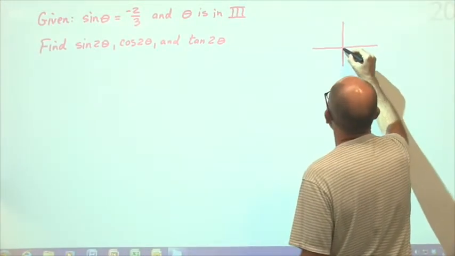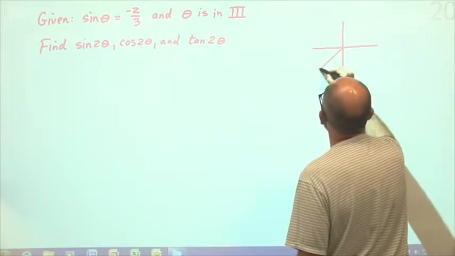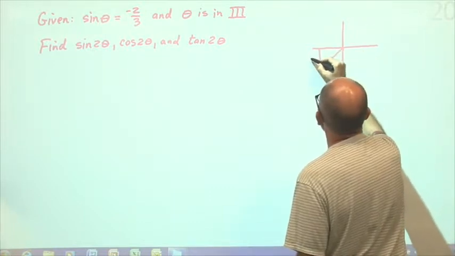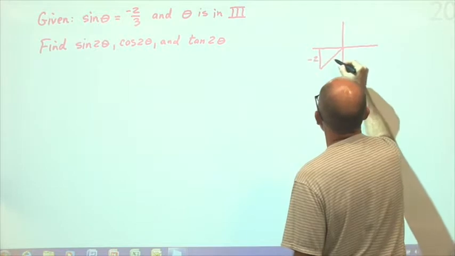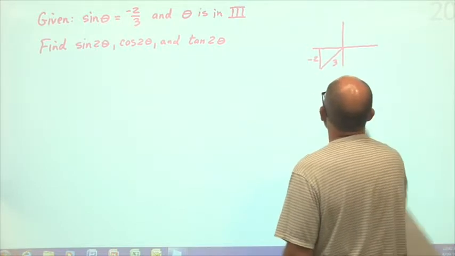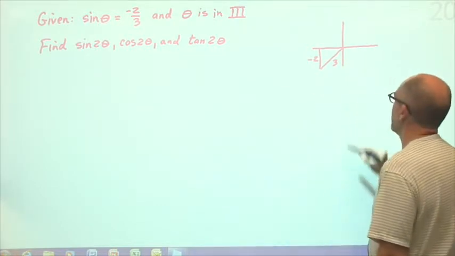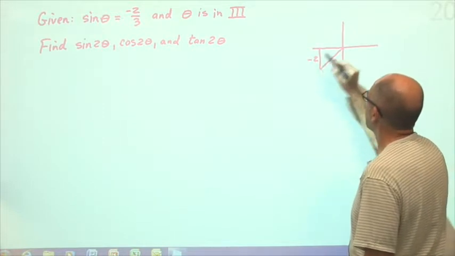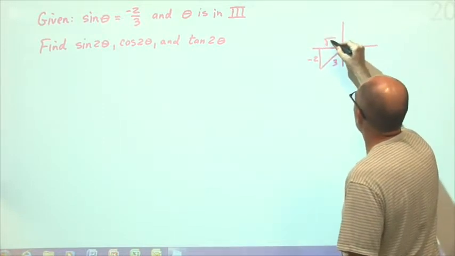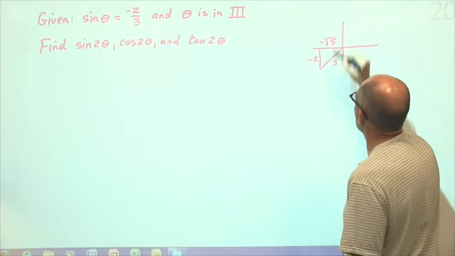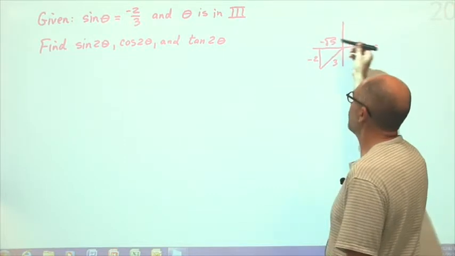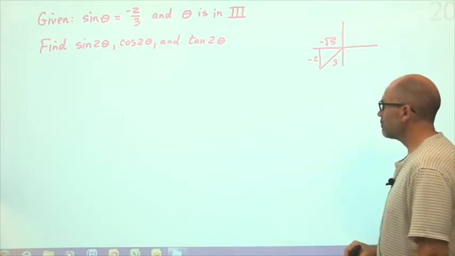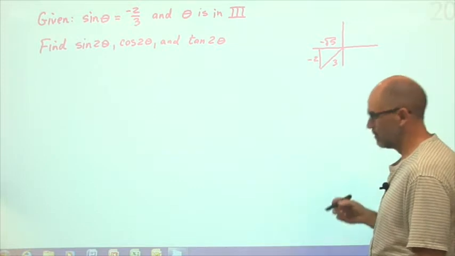So opposite is 2, and hypotenuse is 3. So here's 2 and 3. Now what's the adjacent side going to be? Well, 9 minus 4 is 5. So the adjacent side has to be square root of 5, and it's got to be negative because it's left. So now we have everything.